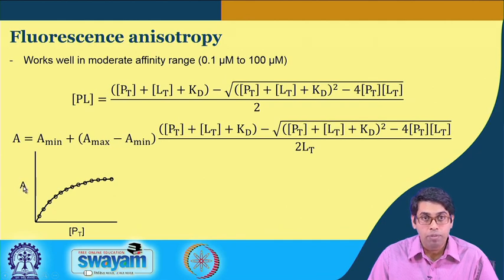This is the absorbance as a function of the total protein concentration, because we have titrated in the protein. This is the equation that we derived, and this is where you will fit your data. These are just the minimum and maximum absorbance that you will see, and they are there for normalization, but the basic equation is exactly the same, and you fit your data to this equation to determine the dissociation constant.